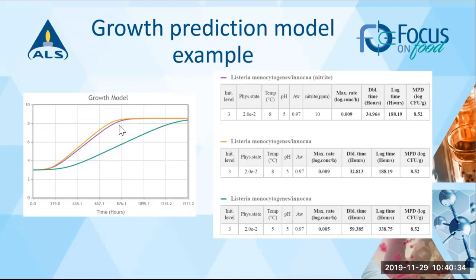You can input some different factors, such as we're looking here at Listeria monocytogenes growth at a storage temperature of 5 degrees C, with pH and water activity remaining constant, versus at 8 degrees C with nitrite content and 8 degrees C without nitrite in it. And you can see the variation there in the time it takes for the product to become unacceptable.